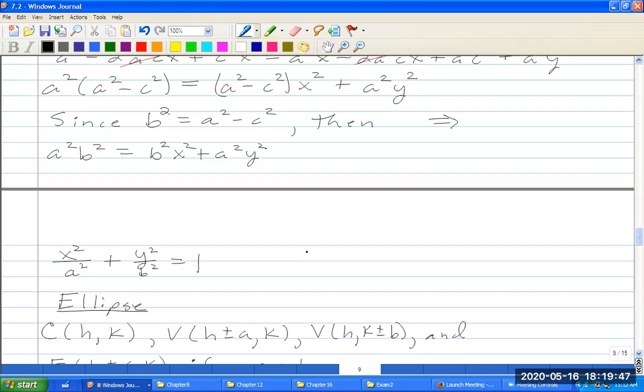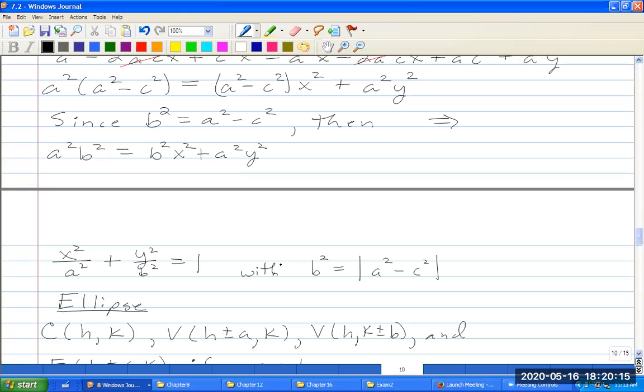I can just say, well, let b squared equal a squared minus c squared. If I do that, then this equation is valid even if the focal axis were along the y-axis. Nothing really changed, just the sign that changed.